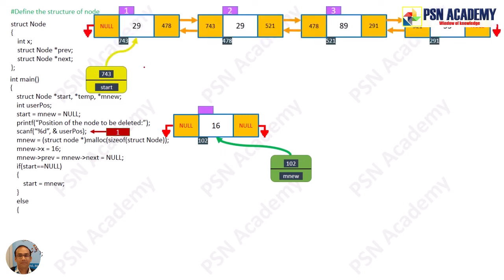Now suppose you have these 4 nodes in your list. Okay, now you have mnew pointing to this 102 and this new node is ready to be inserted in the first position of this list.